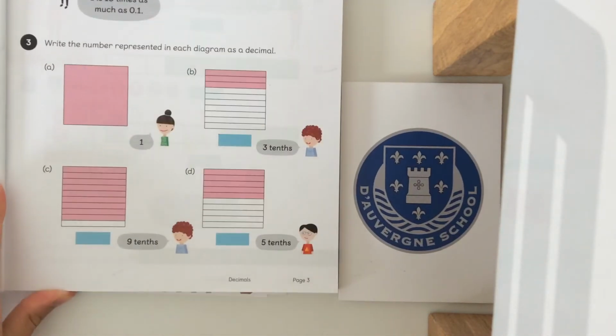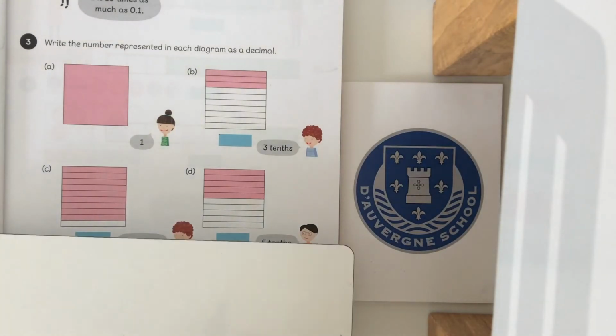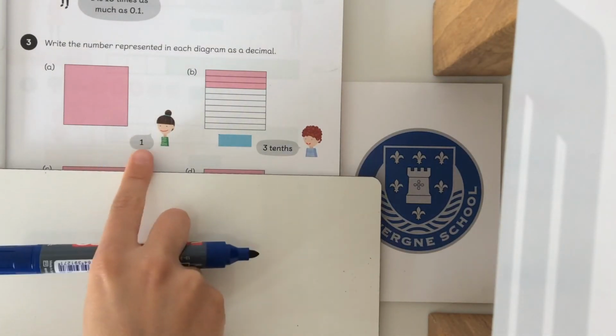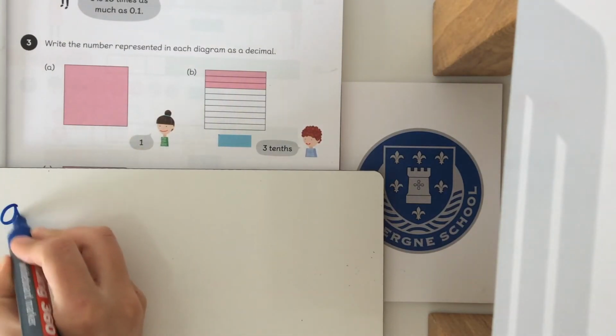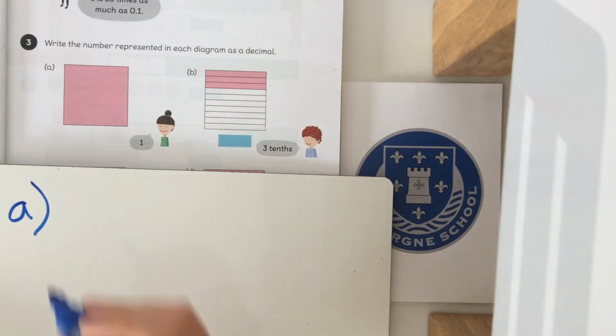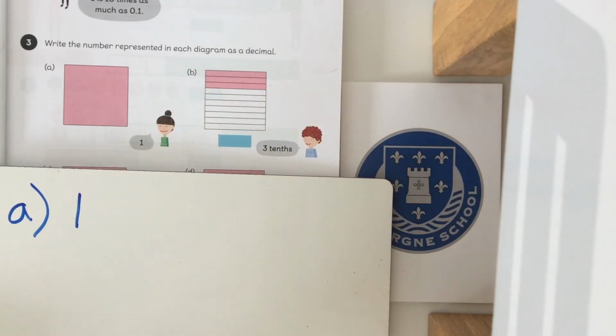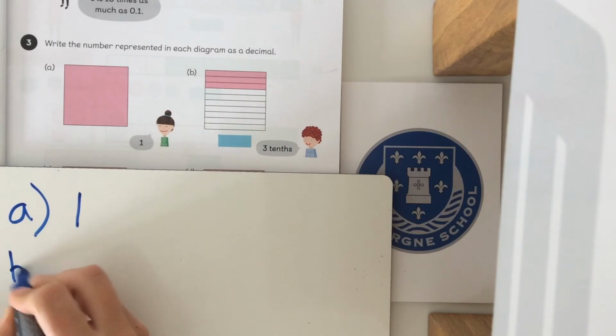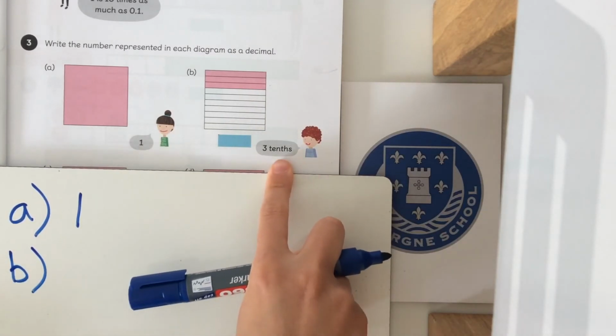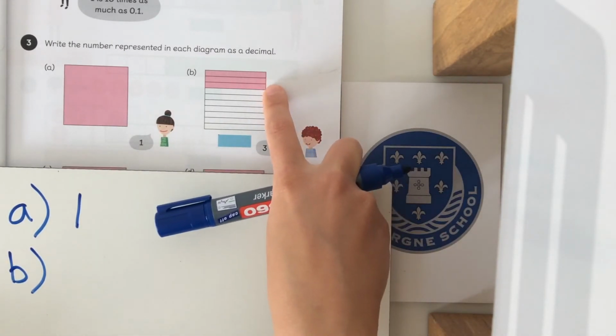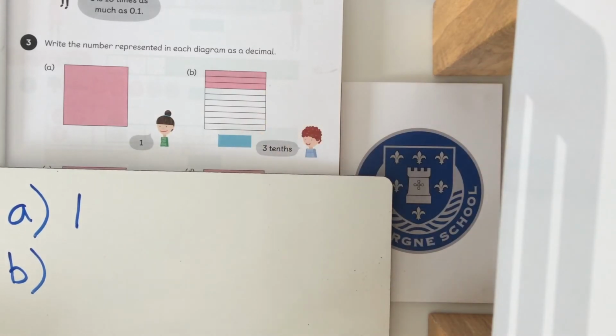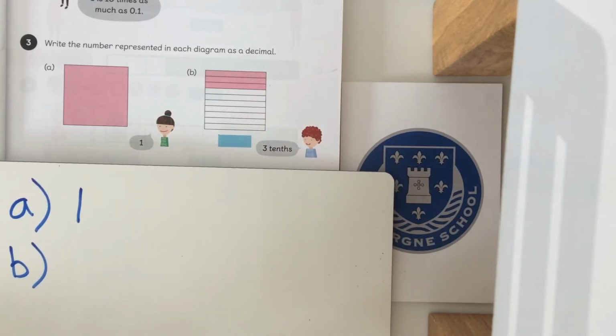Okay, so let's see how we got on. So A, we've got 1 whole. So A, 1 whole as a decimal would stay as 1. B, we've got 3/10. 1, 2, 3 out of 10. How do we write 3/10 as a decimal?